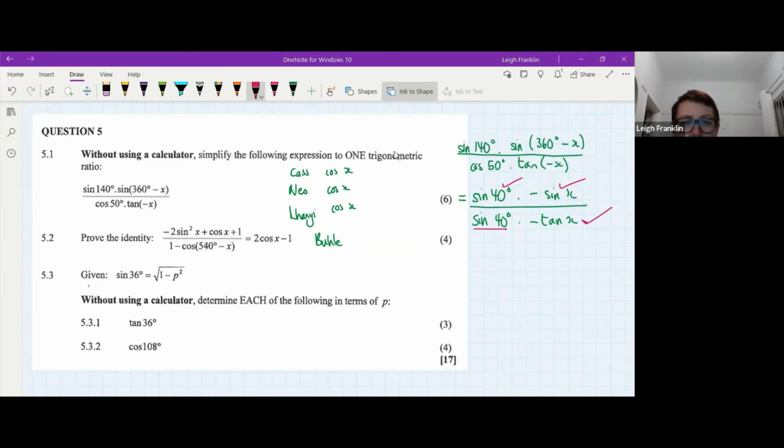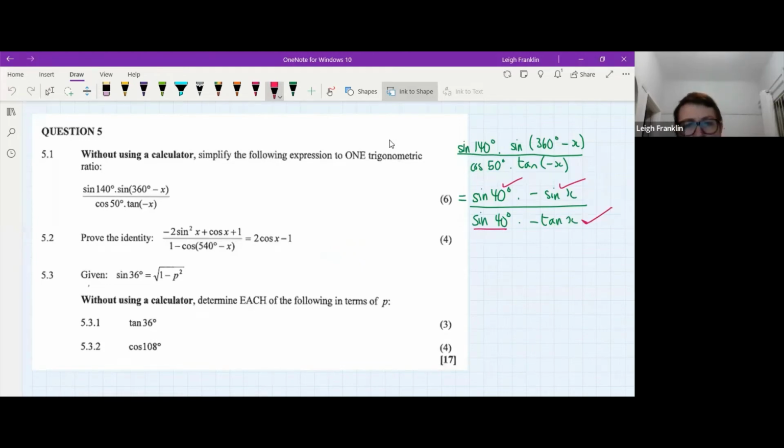Okay. When you say reduce, after you've reduced, it depends. Give me an example of what you've done. So ma'am, for sine 140 degrees, I reduced it to sine 40 degrees.